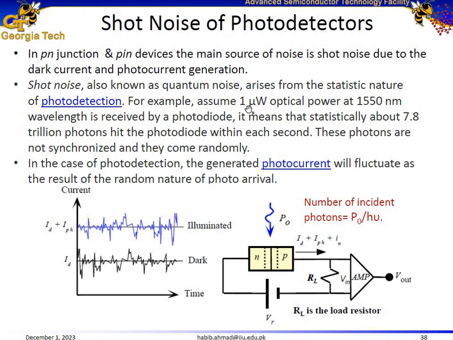Now this 1 microwatt power gives 1 microwatt divided by h nu number of photons, where h is Planck's constant and nu is the frequency, and nu can also be represented as c divided by lambda. This turns out to be approximately 7.8 trillion photons that hit the photodiode within each second. And these photons do not hit this surface at the same time. They hit at different times.